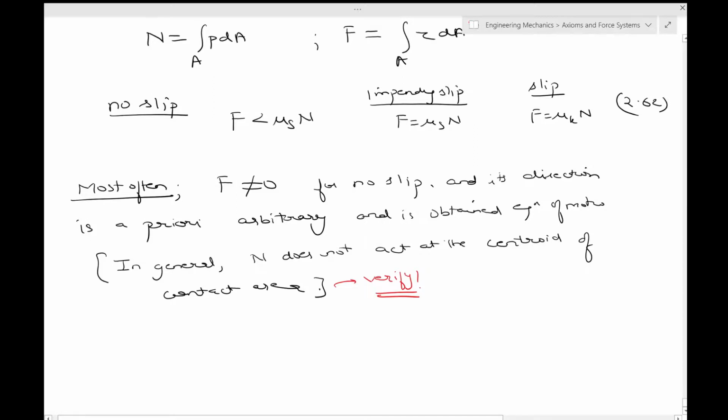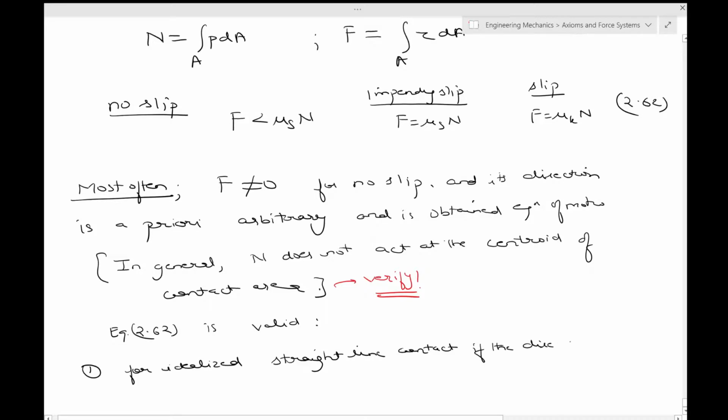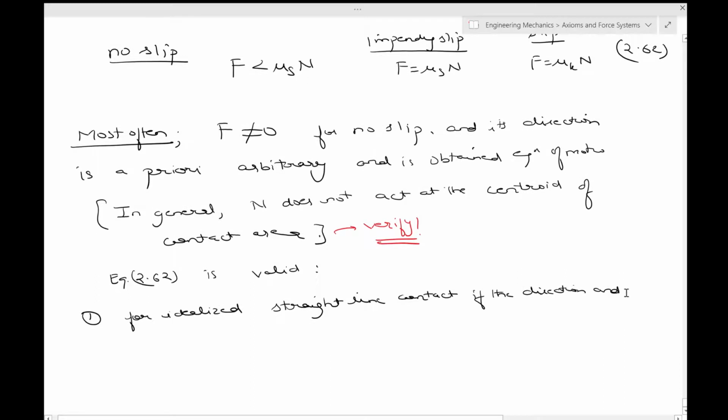Let me write that: equation 2.62 is valid first for idealized straight line contact, if the direction and sense of tau is the same at all points.